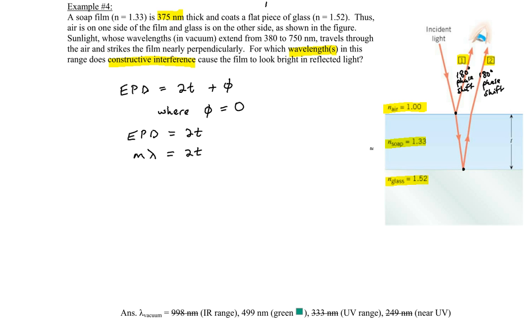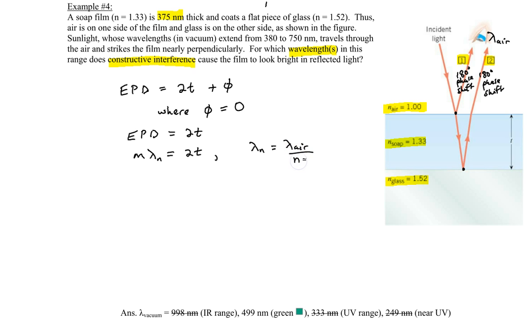Next thing we need to use is the wavelength that we're looking for, the wavelength of the light in the air. Now we can solve for the lambda in the film, but what we're looking for is the lambda that this person is going to see in the air. So I'm going to replace lambda in the film with lambda in the air divided by the index of refraction.